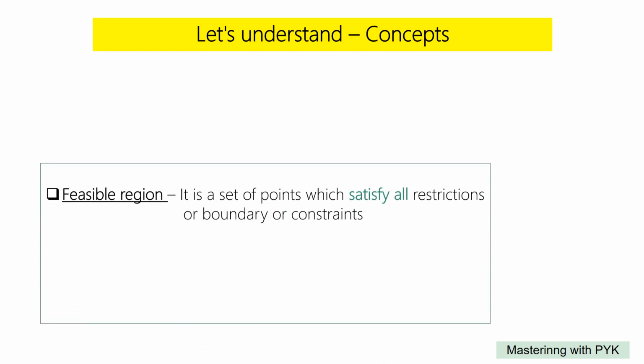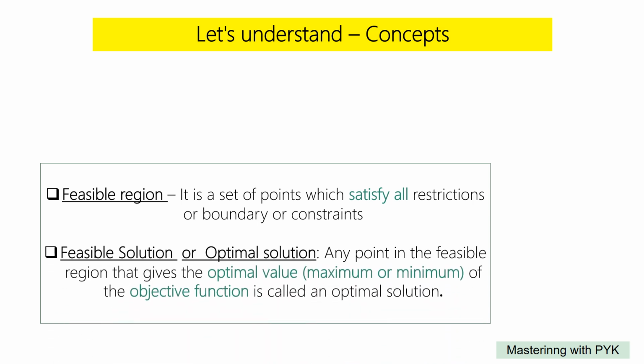Right? So let's understand what is a feasible region. It is a set of points which satisfy all restrictions or the boundary conditions or the constraints. Feasible solution, it is any point which gives me a maximum or a minimum value depending on the objective function. So region can be, say if this is my graph, right?